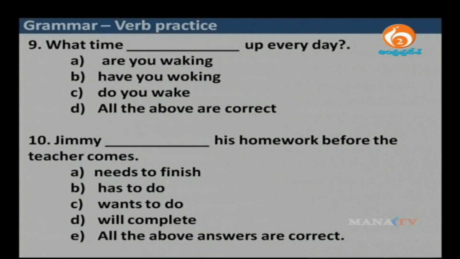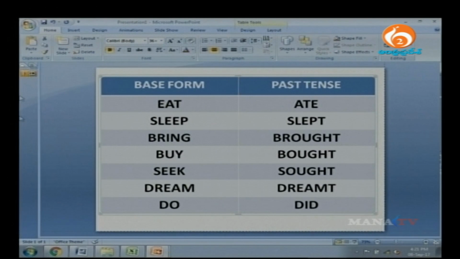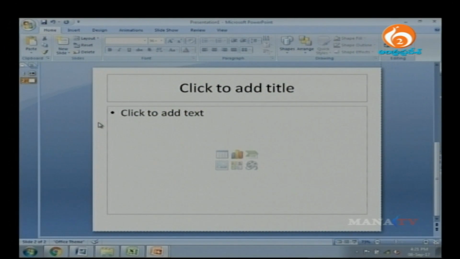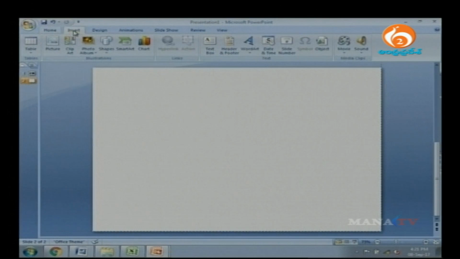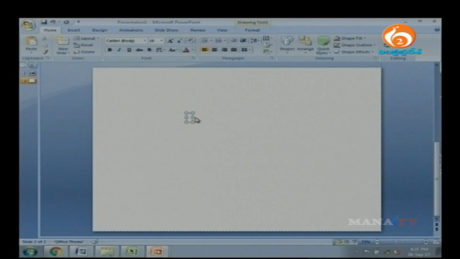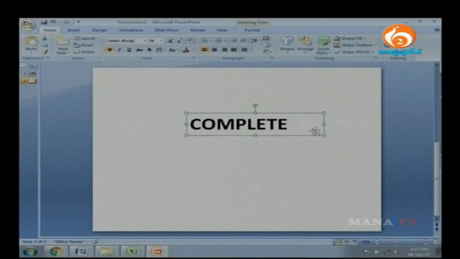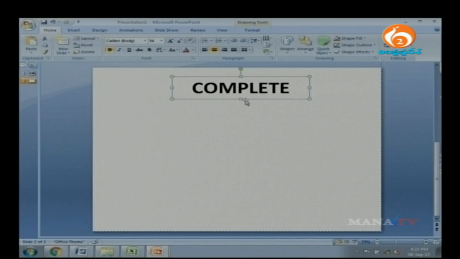Now, the word complete, this is something which I want to talk about a little bit in terms of vocabulary. I have heard a lot of people use this word in a question or a statement.